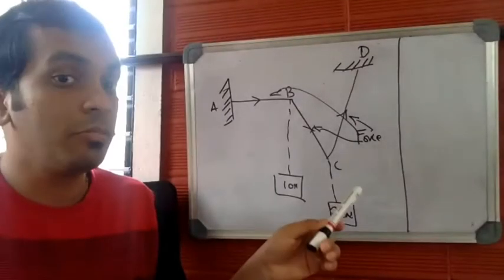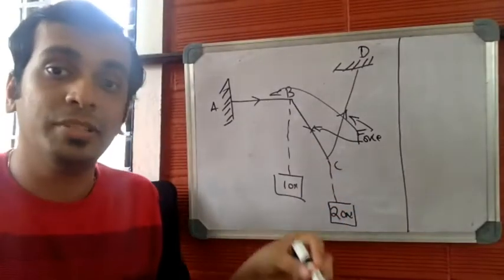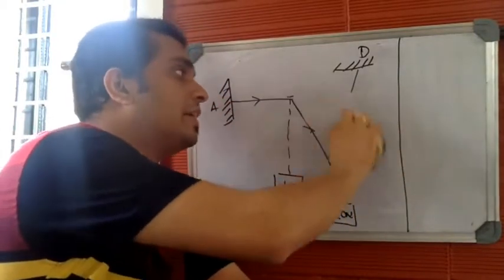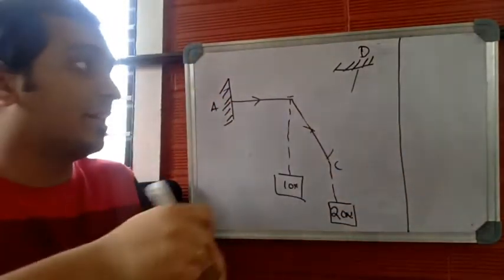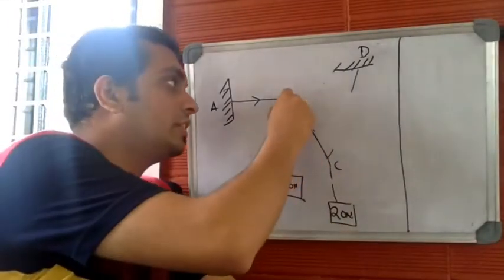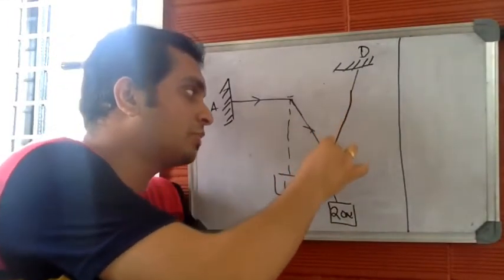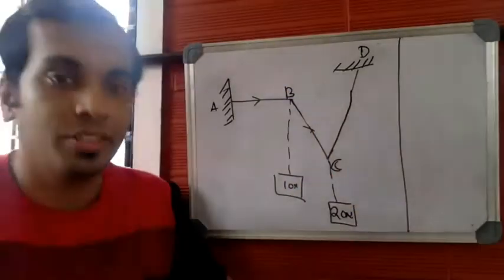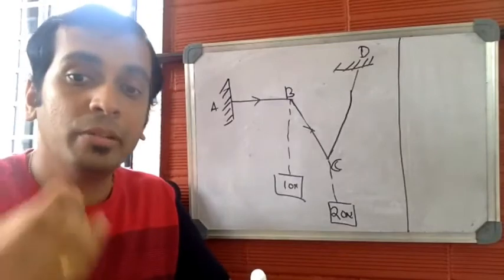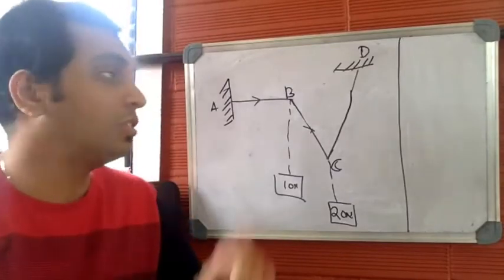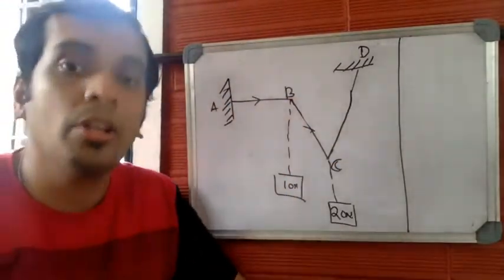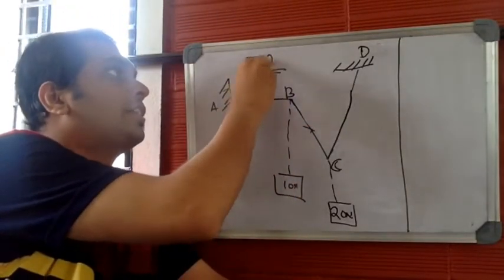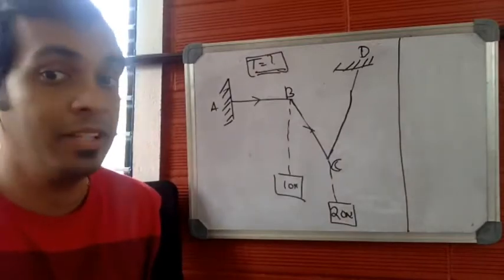Usually, the force which runs through all the cable segments will be considered as tension. Your ultimate aim will be finding the tension which runs through all the cable segments.